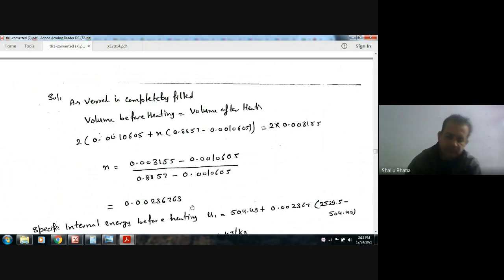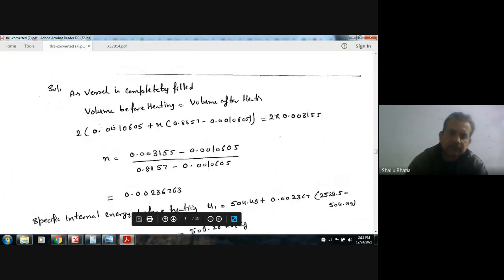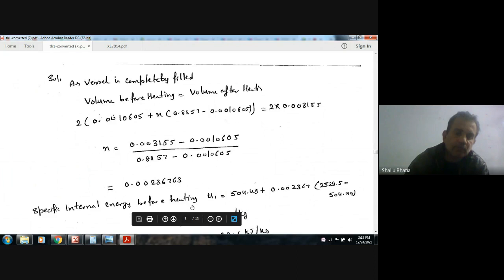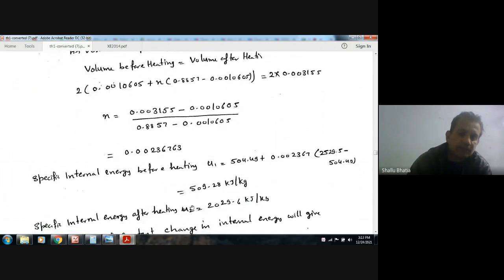Now the heat is being added at constant volume, so it will lead to a change in internal energy. Now we will calculate the internal energy before heating and after heating. So internal energy before heating is Uf plus dryness fraction times (Ug minus Uf).